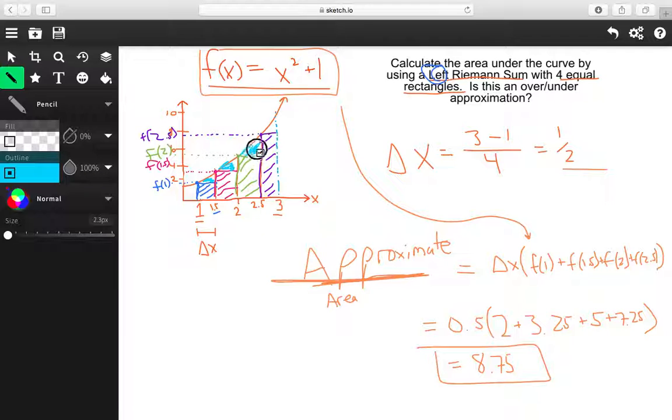It's not shaded in, it's not covered by the rectangle. From 2.5 to 3, we're losing all of this. So the answer to the second part of the question, is this an over or an under approximation? Your answer is going to be an under approximation because you don't get all of this area in each interval.